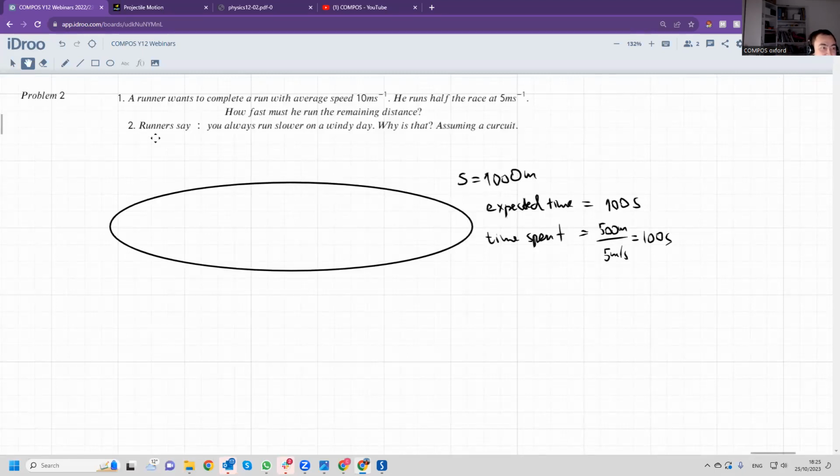And the second part of this question, runners say you always run slower on a windy day. And it is true. And explain why.